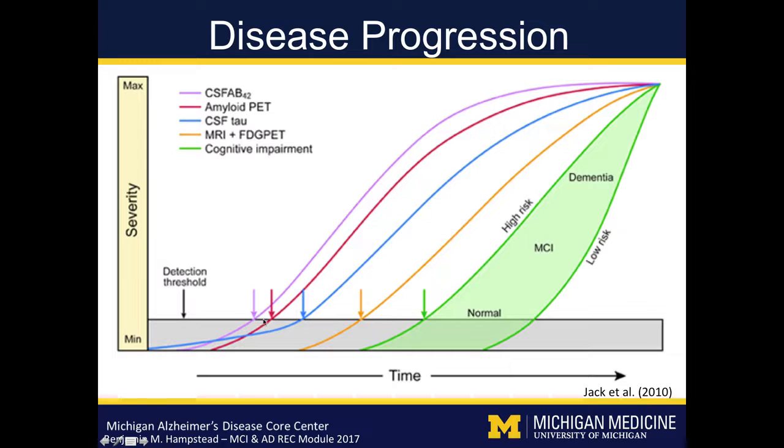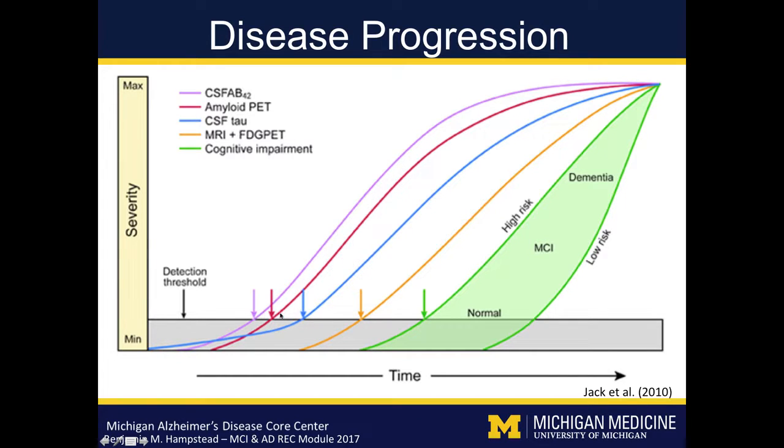This is our normal cognition level, they're doing just fine, but amyloid is on board. There's evidence showing that amyloid starts to accumulate 10, if not more, years before symptoms emerge. And there's some evidence, at least based on this model, that CSF measures of amyloid may be slightly more sensitive than amyloid PET.